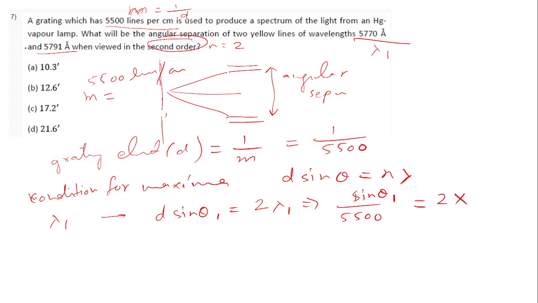Let's consider this lambda 1, and let's consider this lambda 2. And we need to find out the angular separation between them. So this is 5770.